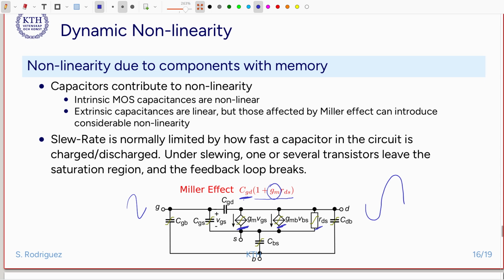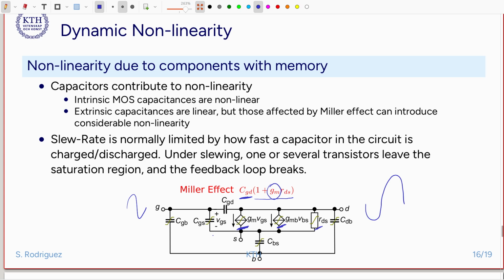Now, most of the weak nonlinearities are going to be attenuated by the loop gain, including the nonlinearities coming from these capacitors. As long as there is loop gain, these nonlinearities are going to be reduced.